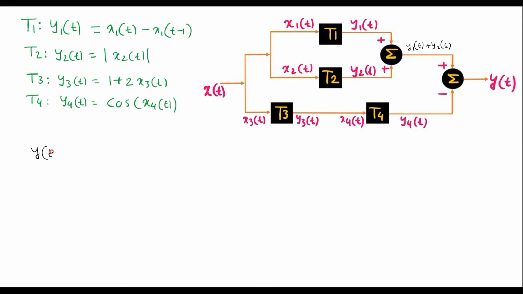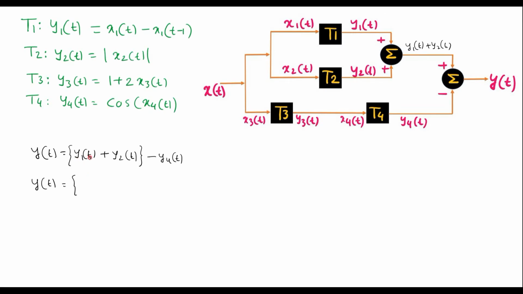I can write y of t is equal to y1 of t plus y2 of t, and here we have y4 of t which is supposed to be subtracted, minus y4 of t.